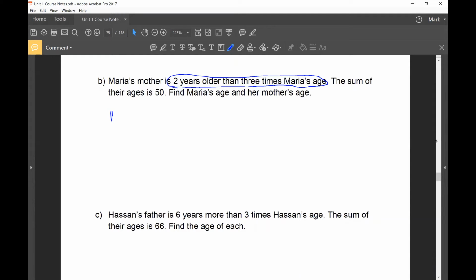So I'm going to say that Maria is X and the mom, I don't say mother very much, so mother or mom, same thing, is going to be 2 years older than 3 times her age. The sum of their ages is 50. So Maria plus mom will be 50.